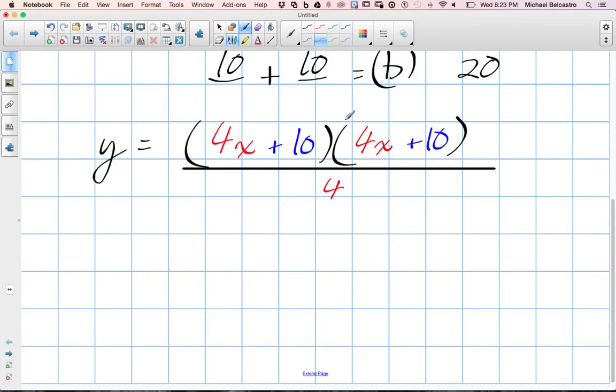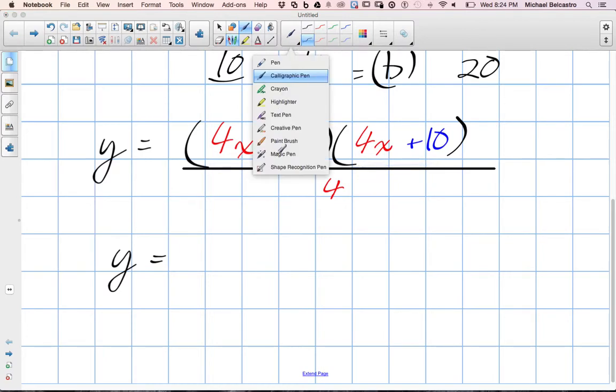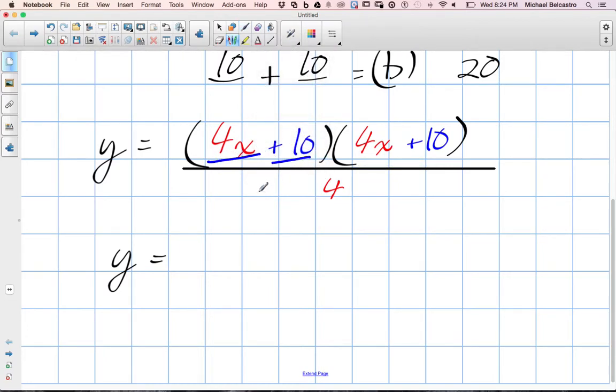The next step is to work on common factoring. So I need a common factor that comes out of at least one of the brackets, if not both. Since both brackets are the same, whatever comes out of one is going to come out of the other. Can you think of a value that I can divide both of these by? 2. Perfect. So I can divide 2 out of this one and this one here.